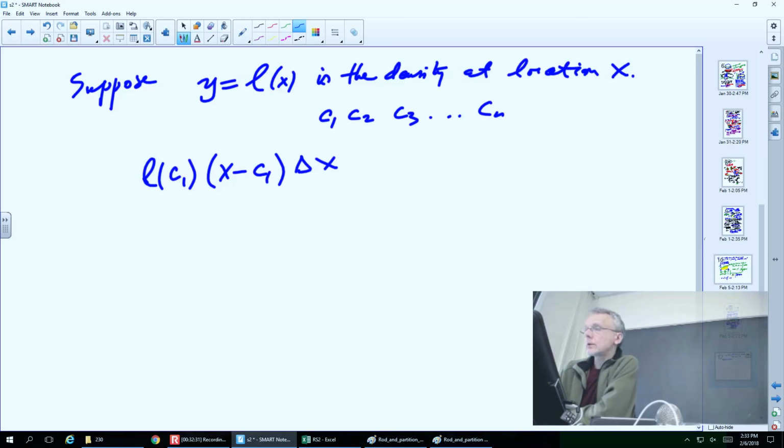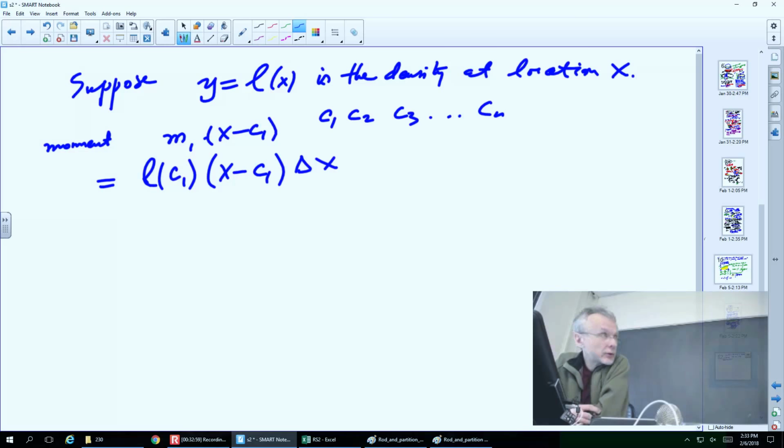So it was m sub 1 times delta x. That's what I meant to say here, m times x minus C1. So this is the moment of the first object. So C1, the first object, the first mass, first weight, multiplied by the first lever.